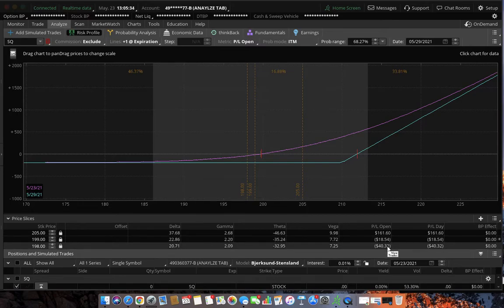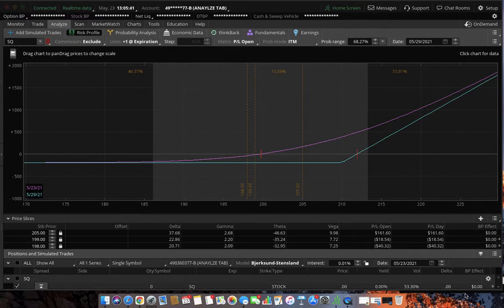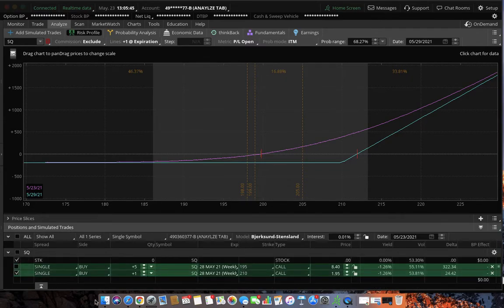And if you set your stop loss at 198, your loss is $40.32. And when we take a look at that, we're buying this one for $840 and we're purchasing this one for $195. So you can now analyze your trades based on the cheaper option prices versus the more expensive.